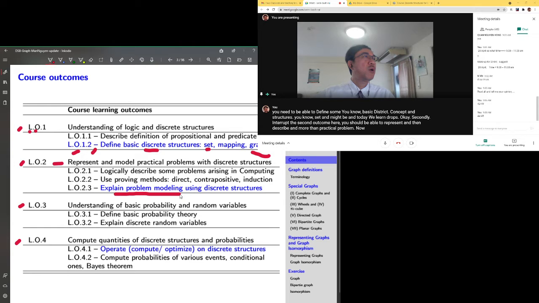Number 4, after you know the theory, you should be able to perform operations on a graph, namely how to compute some quantity inside the graph, and how to optimize some quantity or new measurement on the graph. So this is a very brief learning outcome you have to keep in mind.